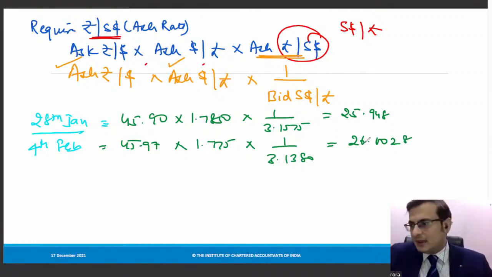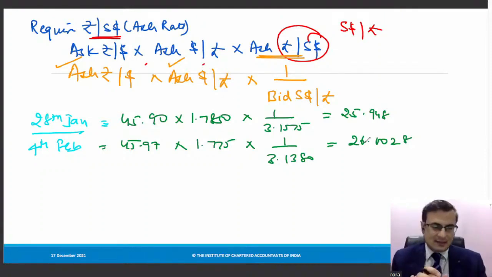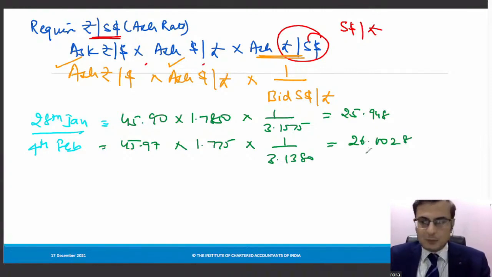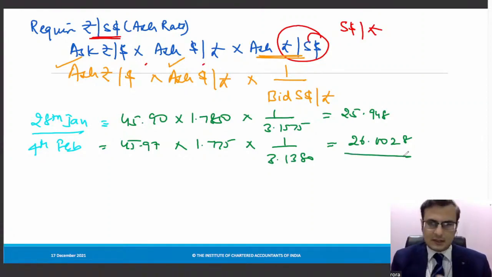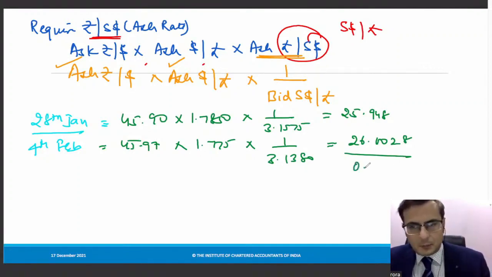How much is he paying extra? 26.0028 minus 25.948. This is 0.0548.